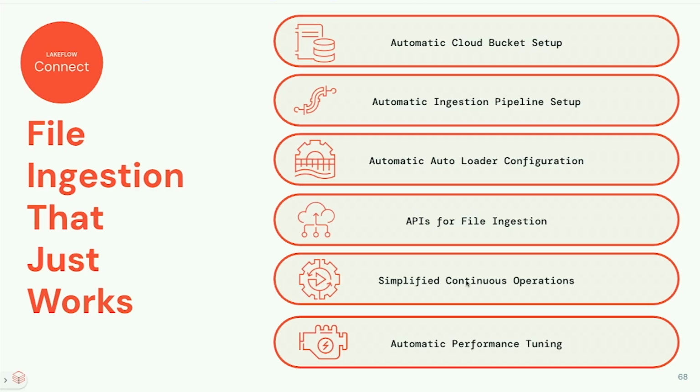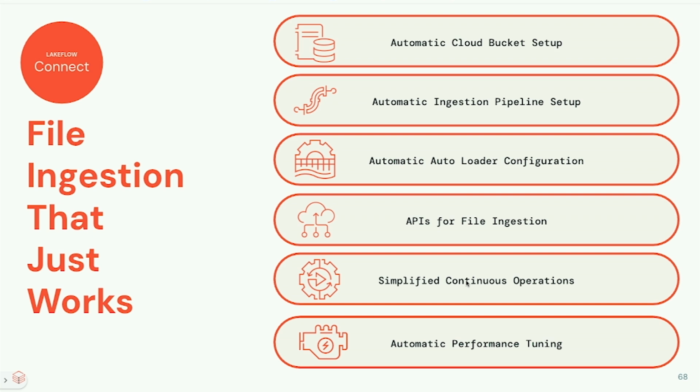All right, at a very high level, we're building a connector that gives you file ingestion that just works. This requires us to take on a number of responsibilities. We want to automate the cloud bucket setup, which historically has been a contentious point in the setup.